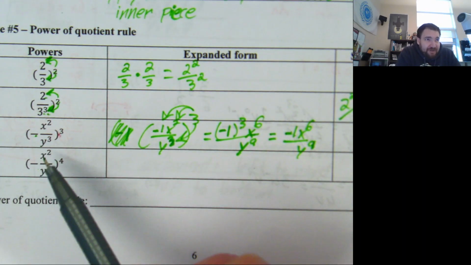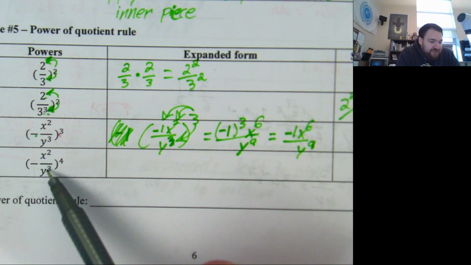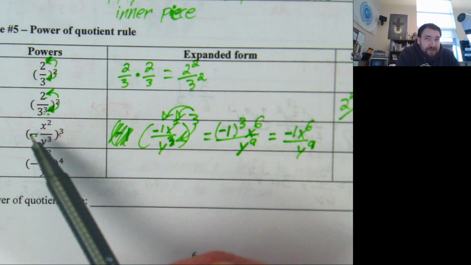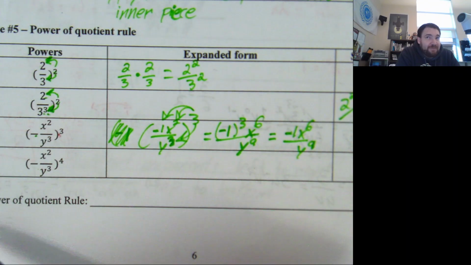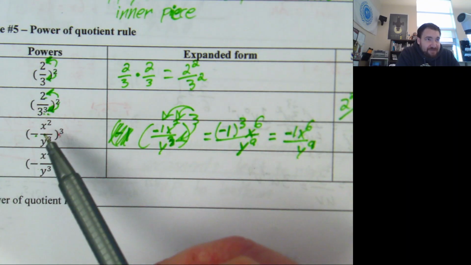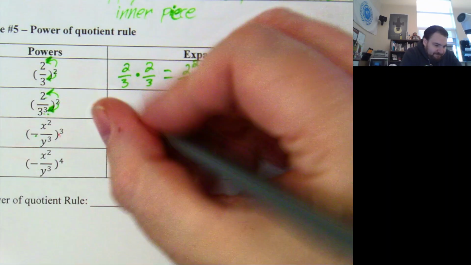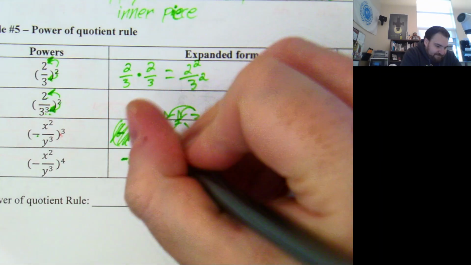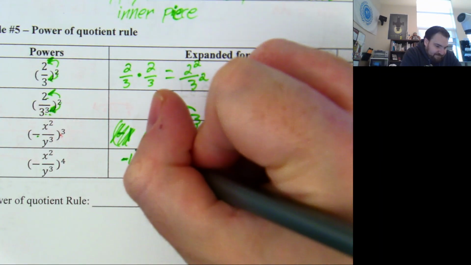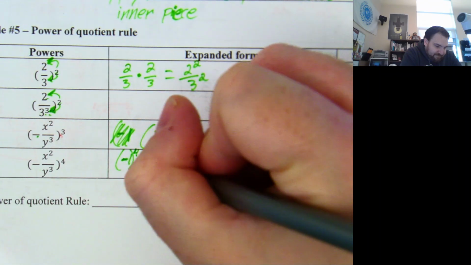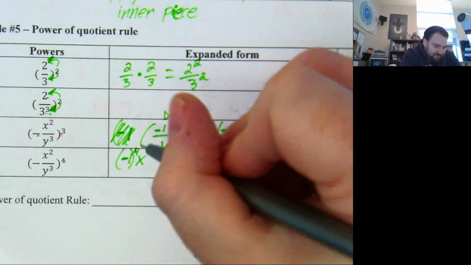This is a very similar question. How is this one going to change compared to this one? Someone be brave. This question looks exactly the same as this one. How do we do it? Make the negative sign -1.